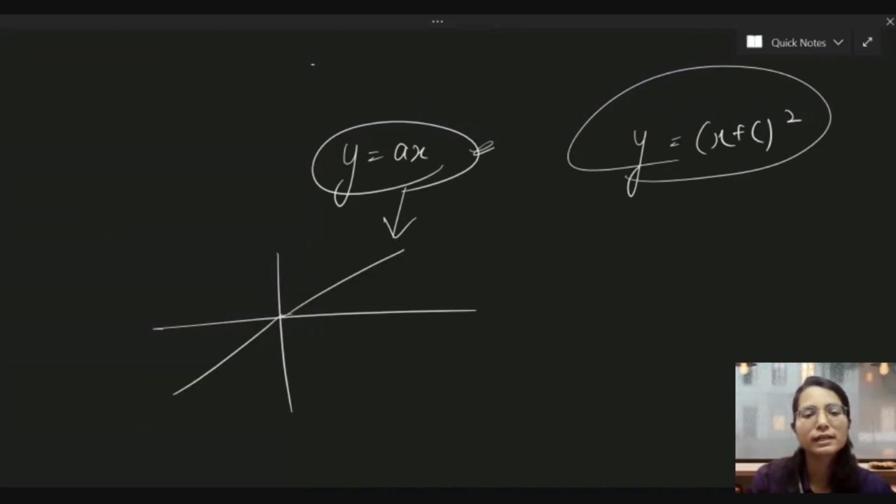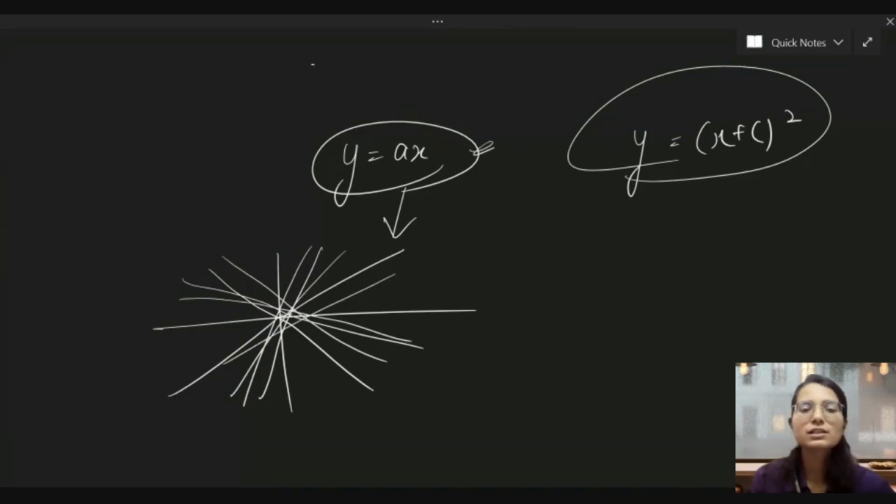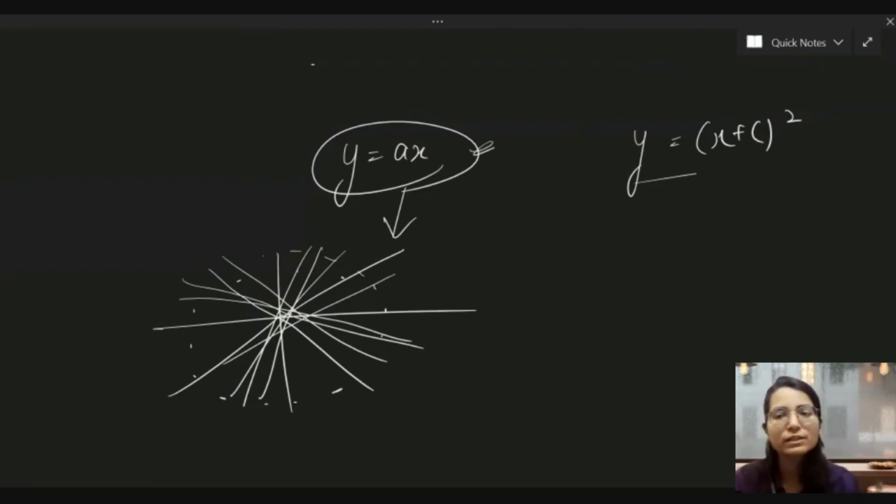At the end of the day, it is going to cover the whole plane. But to see them, we just draw a finite number of lines. But obviously, we know that it is going to cover the whole plane when you have a line at every point.